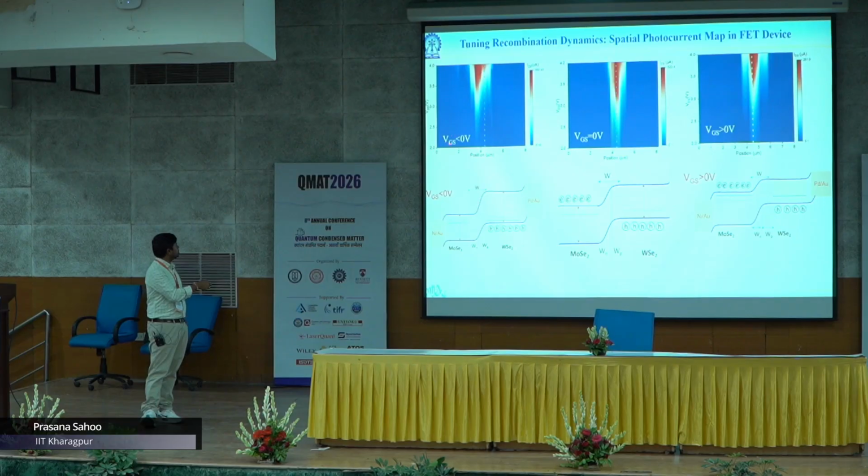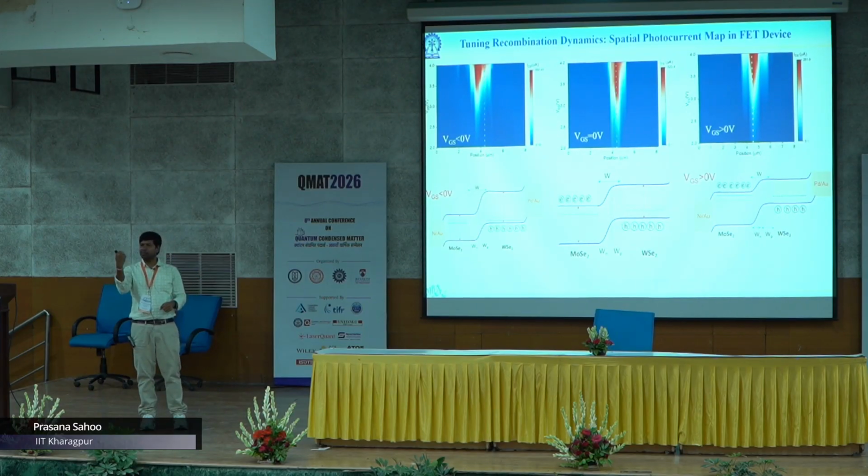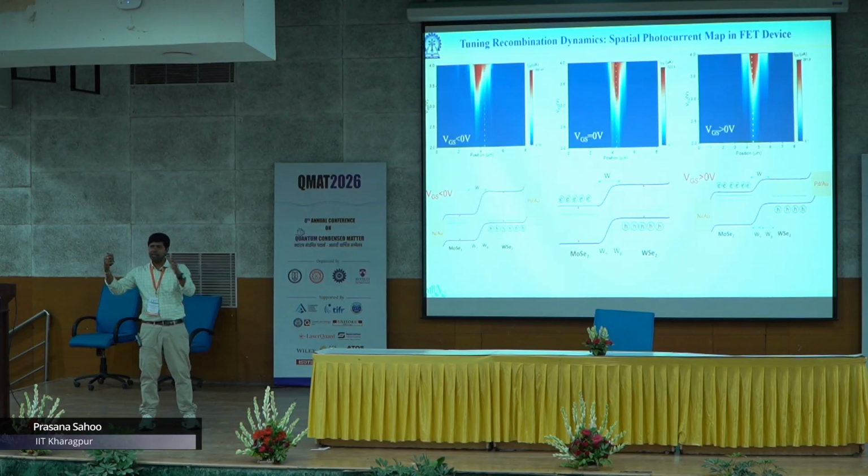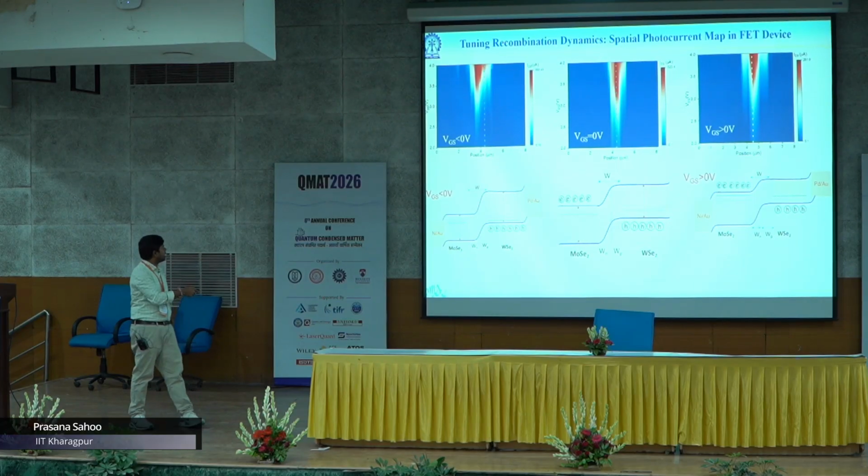For example, if you have a negative backgate voltage, you are depleting the MoS2 region and WSe2 holes are more active than electrons, like the tortoise and the rabbit. They are switching sides. The holes are more mobile, coming into the electron territory and recombining.